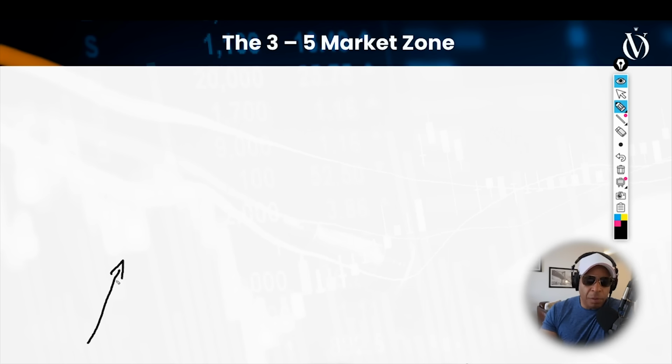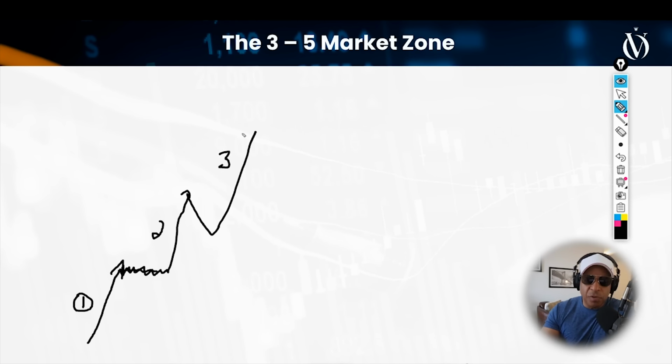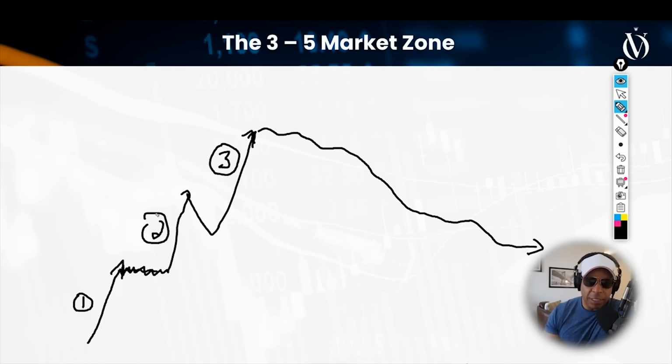Here's market move number 1. Here's pause number 1. This is one move, interrupted by a pause. Boom! Here's move number 2, interrupted by another pause. Remember these 2 pauses. And boom! Here's move 3, which is more likely now to have some type of change. Why? 3 legs have been achieved.